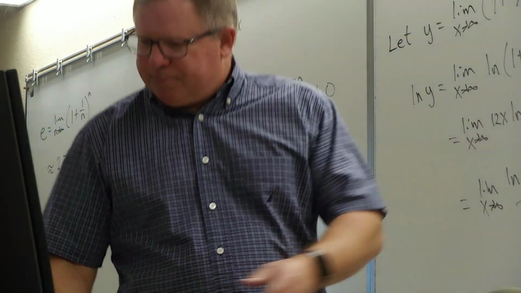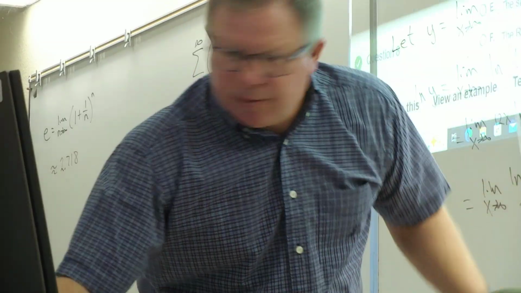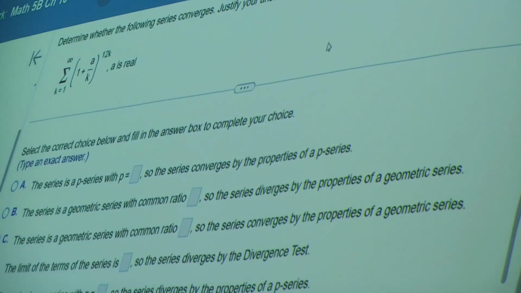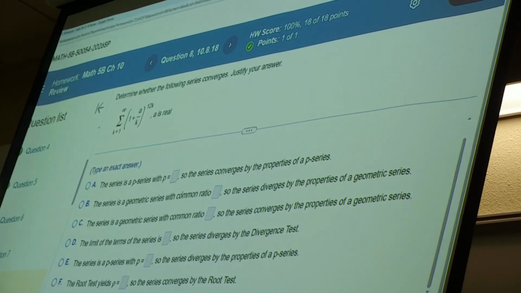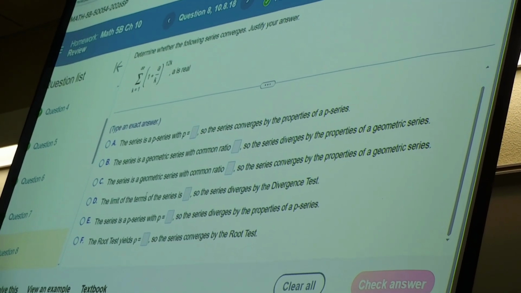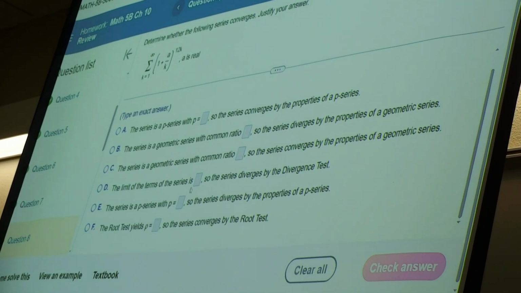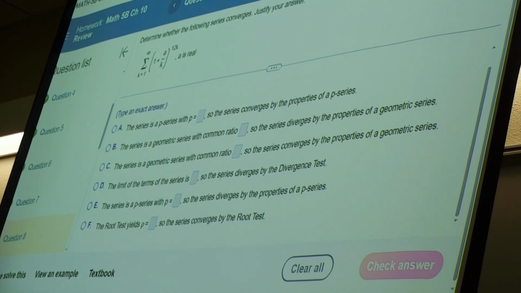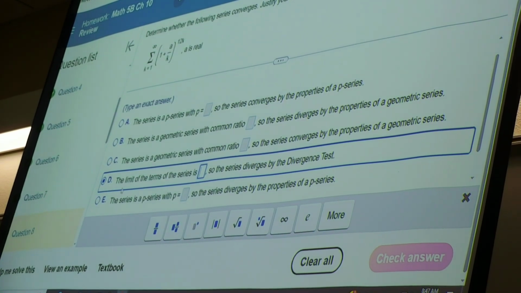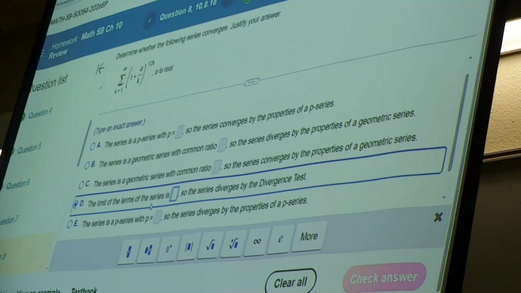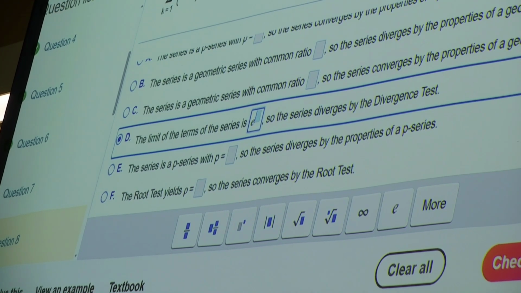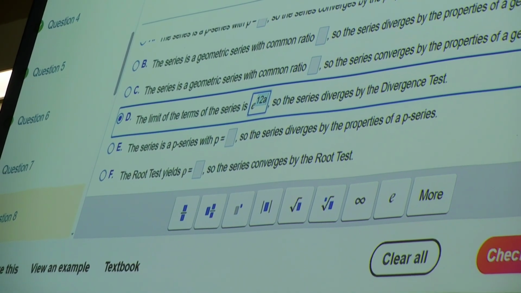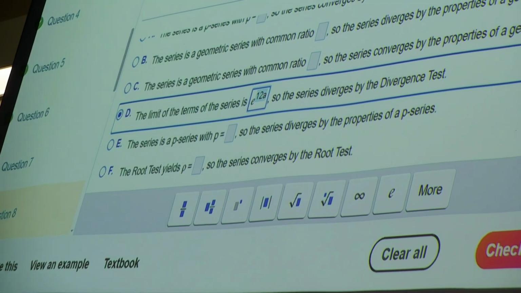All right, let's see what options they gave us in Pearson. The limit of the terms of the series is blank, so the series diverges, but there it is, D. The limit of the terms of the series is e to the 12a, so the series diverges by the divergence test.